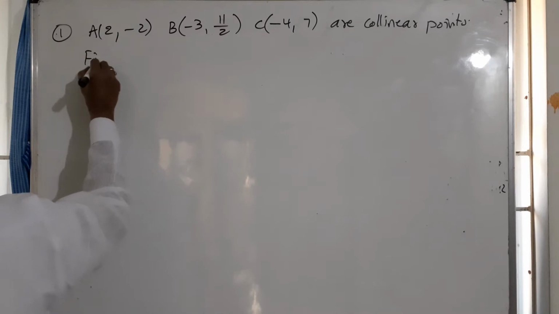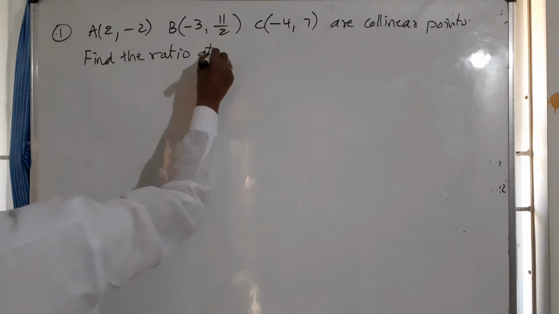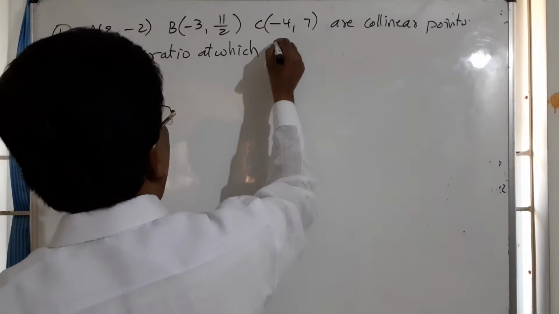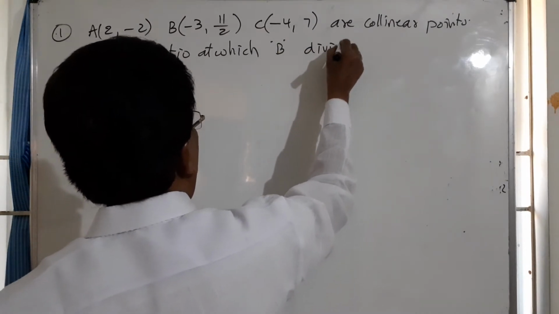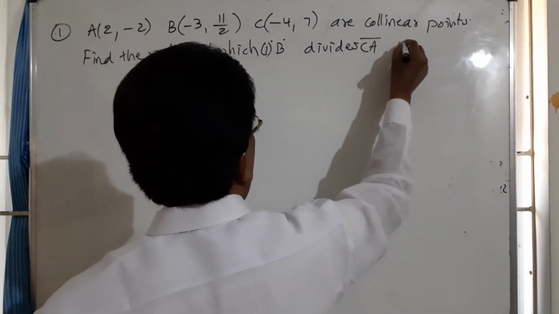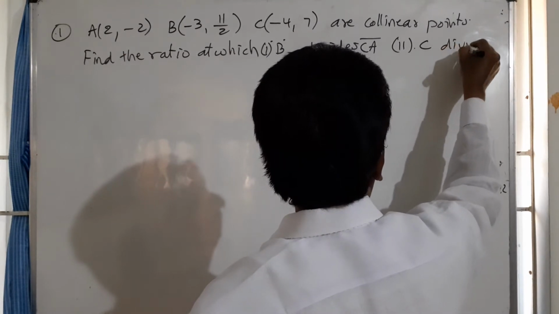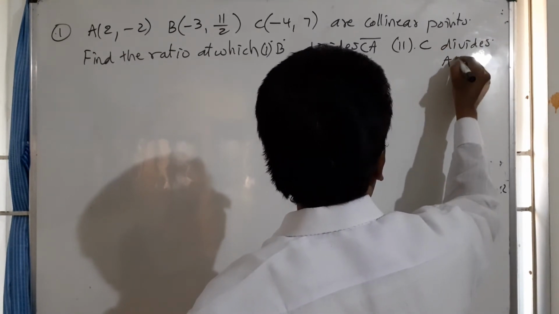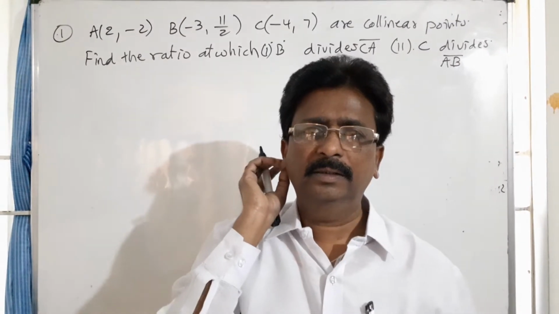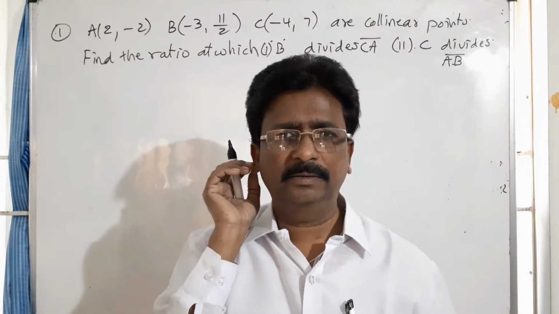Then find the ratio at which B divides CA, and at which C divides AB. Here I have written the two questions: at what ratio B divides CA and at what ratio C divides AB?